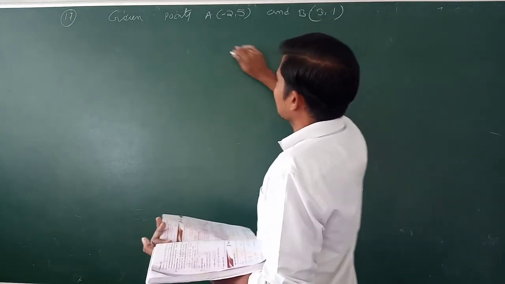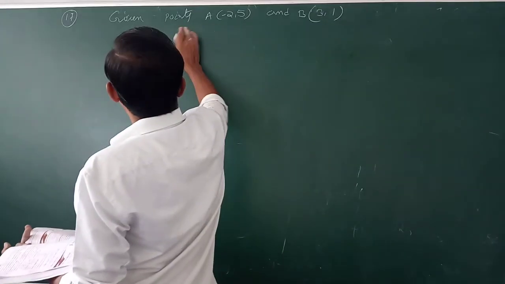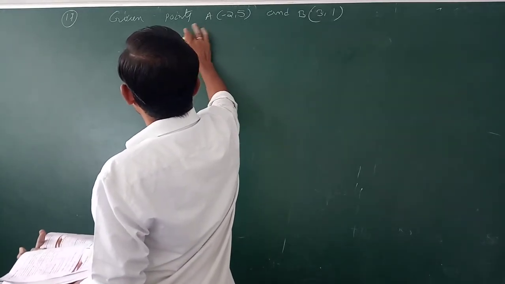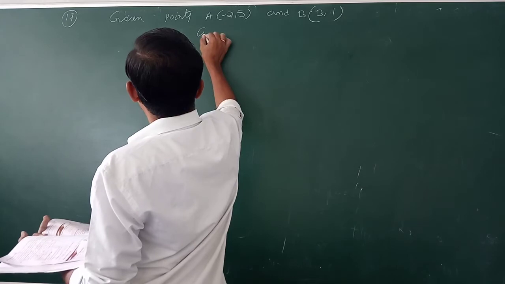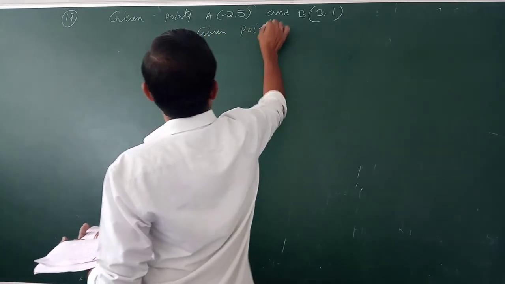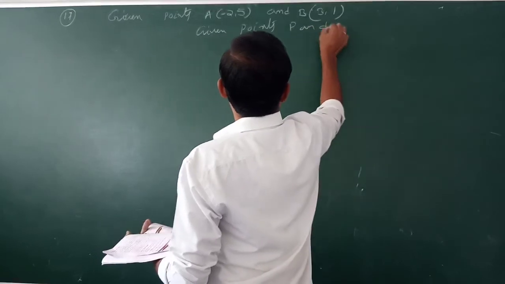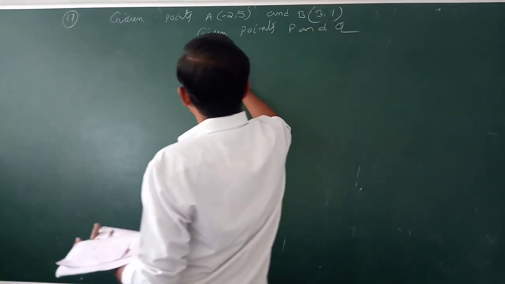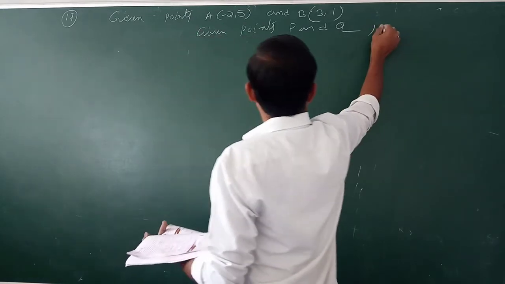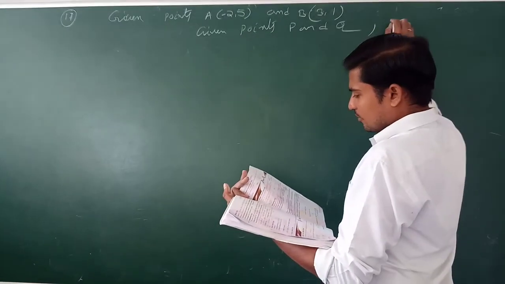The given points, what are they? P and Q. The condition: what is the condition?